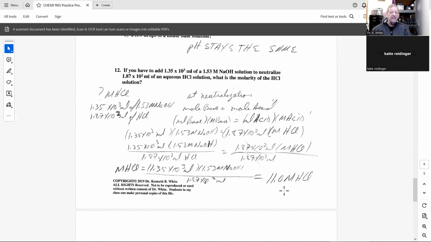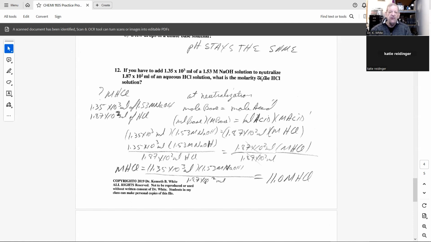The answer should have the same number of significant figures as the number with the lowest significant figures, 3. So that's 11.0, or it could be 1.10 times 10 to the 1 molar HCl. Again, when you see the word neutralize, that means titration.